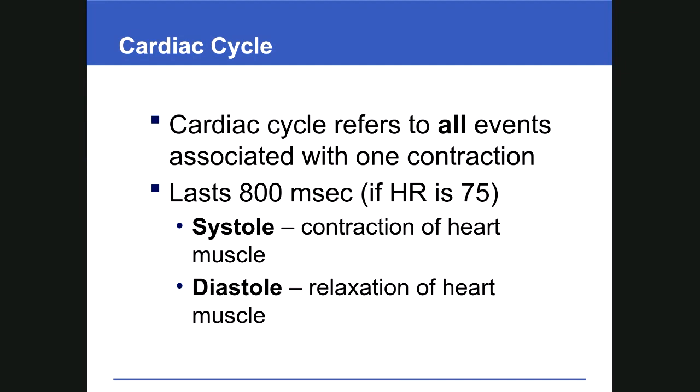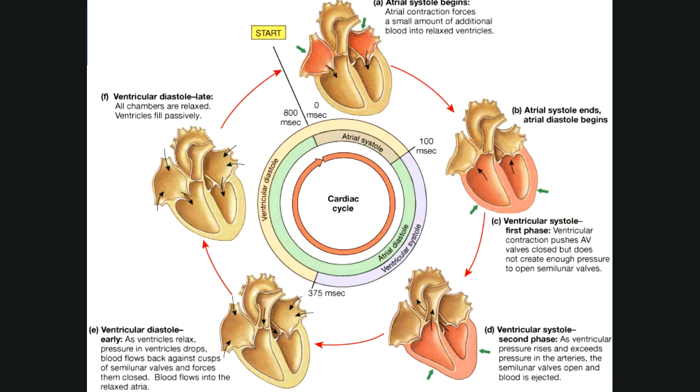Okay, so let's go back to what we were looking at. So remember, this is a cycle. Well, this person's heart rate is 75. And so look how much fill time they have. Here's the T wave right here, and here's the P wave right here. They have this much fill time. So look, we can divide this cycle up into different sections, and each section has a certain amount of time with it. Look, there's the P wave, there's QRS, and here is the T wave.